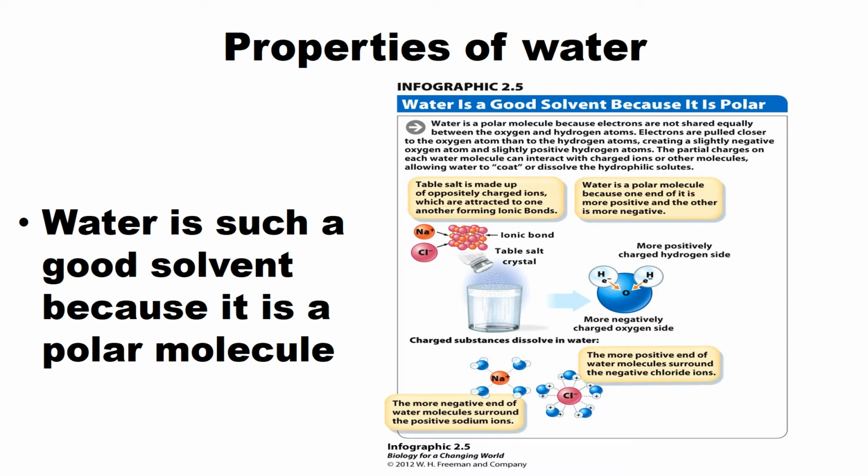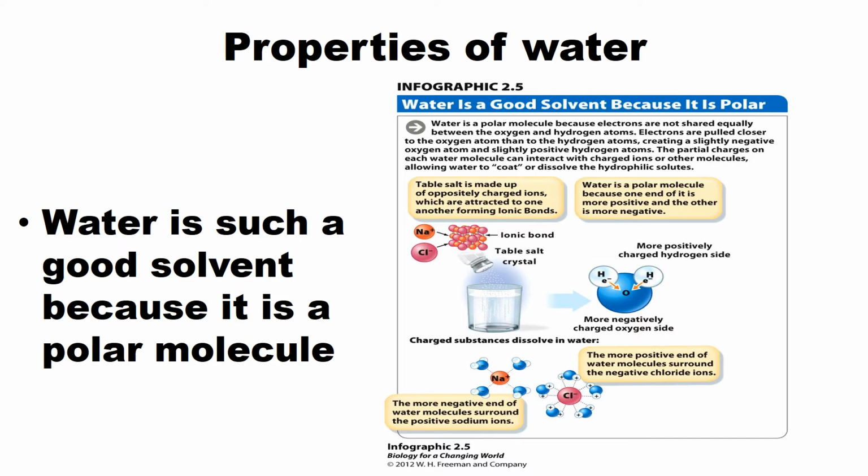A polar molecule basically means that it has a charge. Water is composed of one oxygen and two hydrogens. Oxygen is one of the most electronegative elements in the periodic table, so it's hungry for electrons and tries to steal electrons from other molecules.